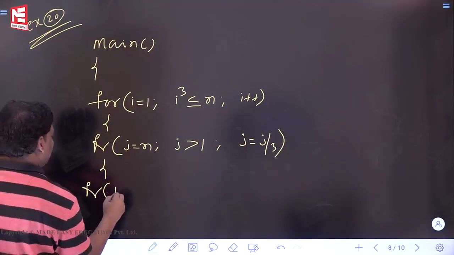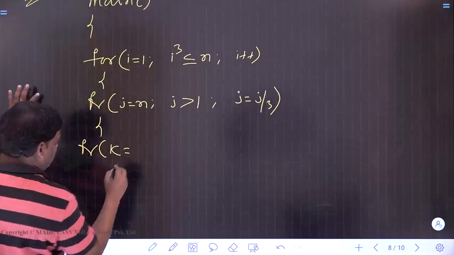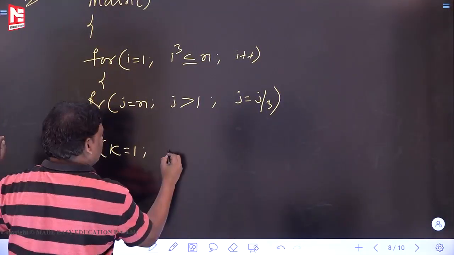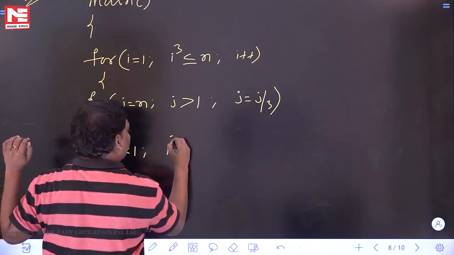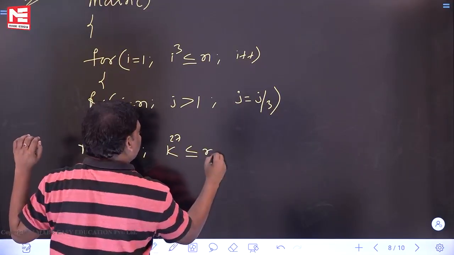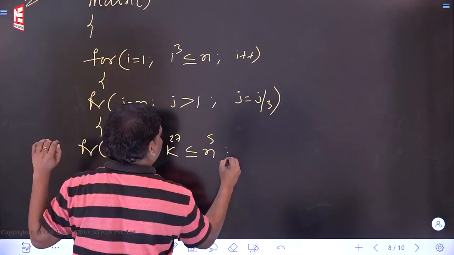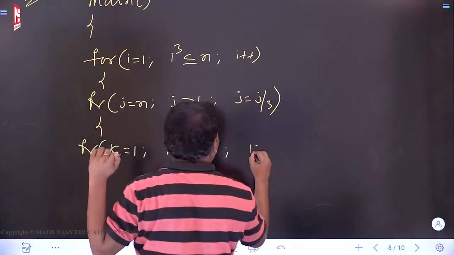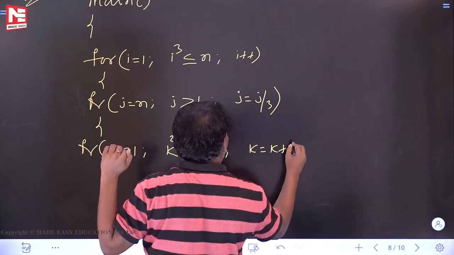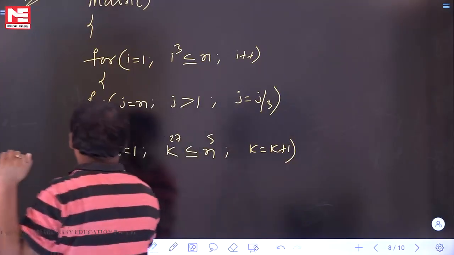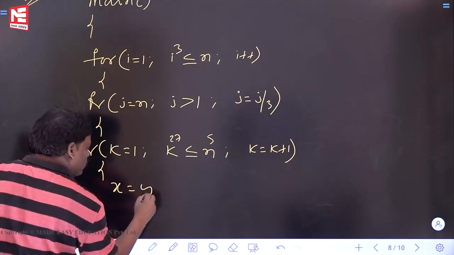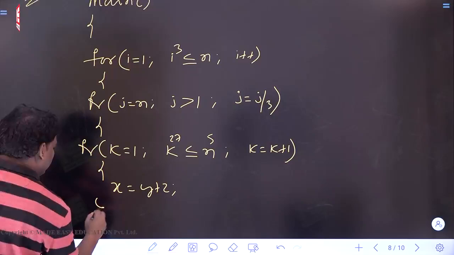For k = 1, k power 27 is less than or equal to n power 5, k = k plus 1. x = y plus z.